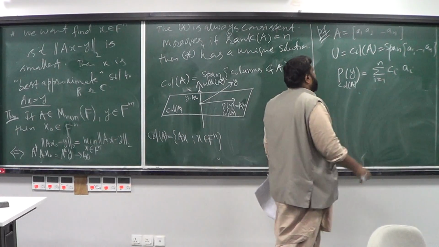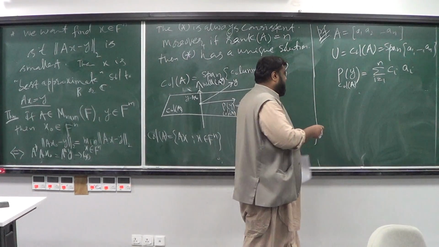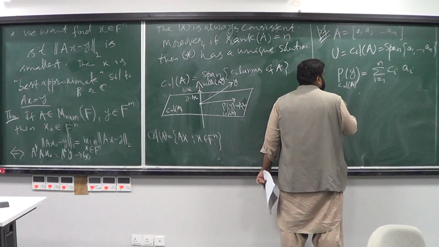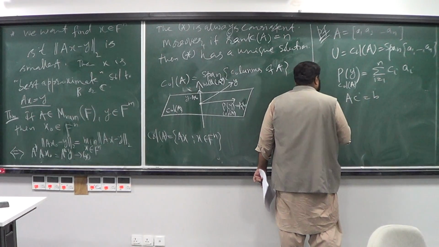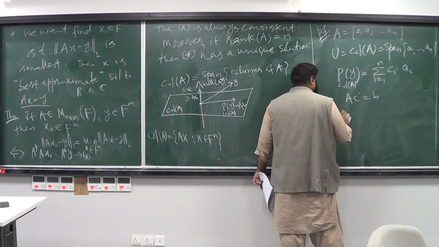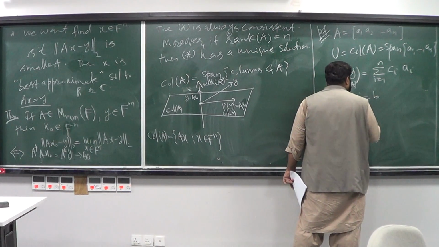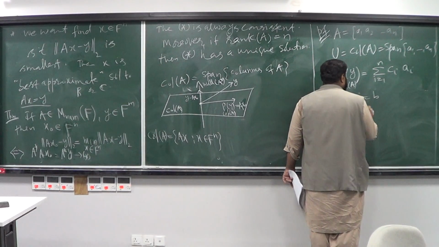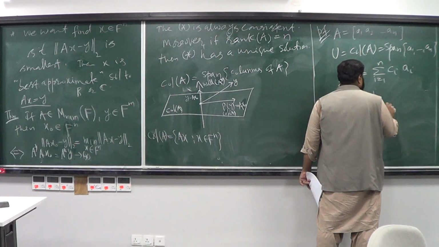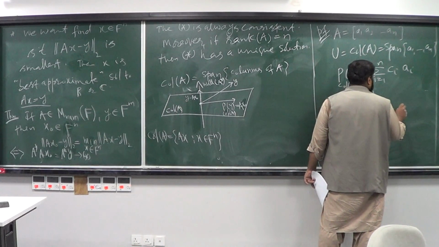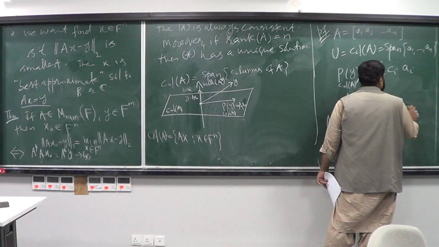Now what are the Ci's? The Ci's are the solutions to the normal equations, AC equal to B. The matrix A is like the inner products of U1 through Un with U1, and so on.